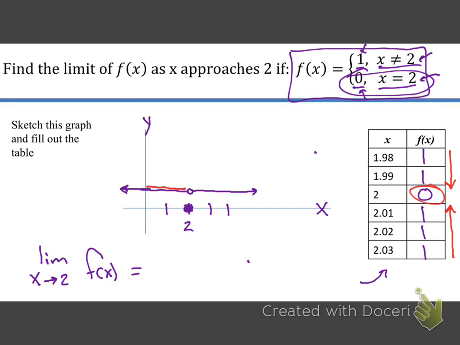As we ride this graph in from that direction and that direction, what does it seem like should be right there? Even though the function value is defined at a different place, what seems like it should be there looks like 1. And so that is the limit. So the limit is 1.